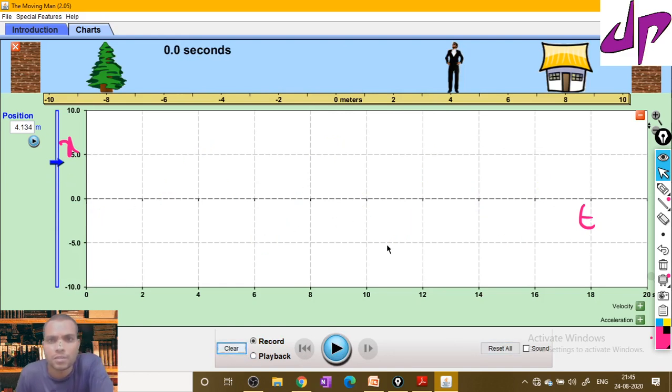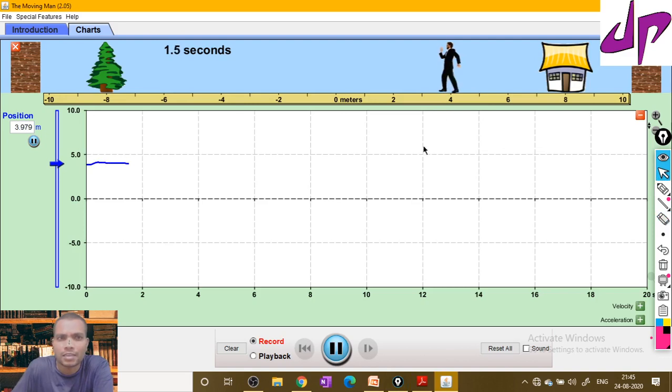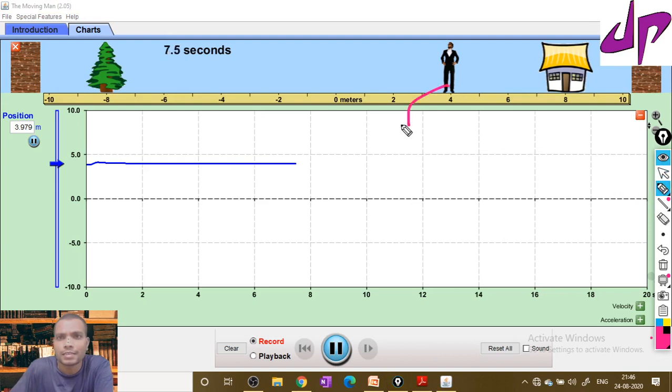Now there is a position. If I keep the moving man at, let's say, 4, he is not moving, he is at rest.